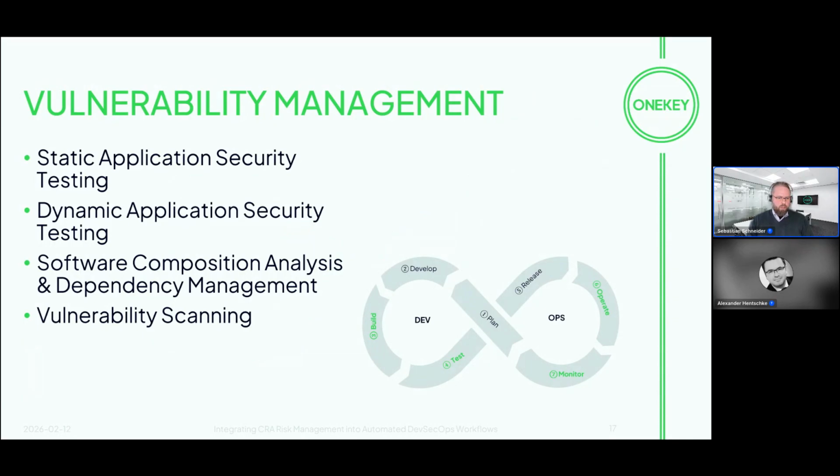But of course, also exploratory testing using things like attack proxies, or penetration testing. Then you should have a solid software composition analysis and dependency management in place because you need this transparency that comes with an SBOM, which is the output of a software composition analysis, for proper vulnerability scanning. You can't scan for known vulnerabilities if you don't know which components are part of your product.